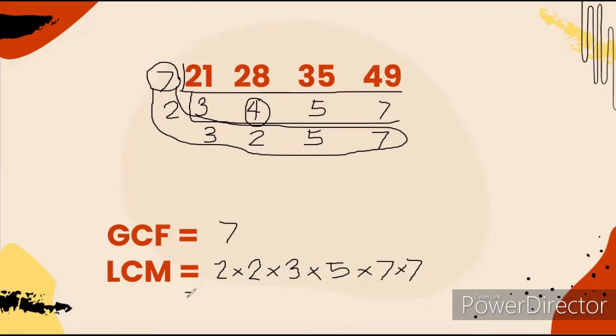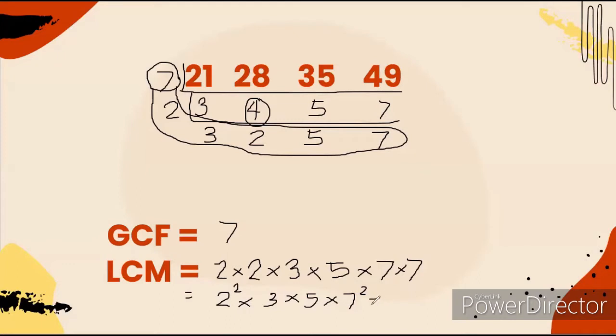So using exponents, that is 2 squared times 3 times 5 times 7 squared.